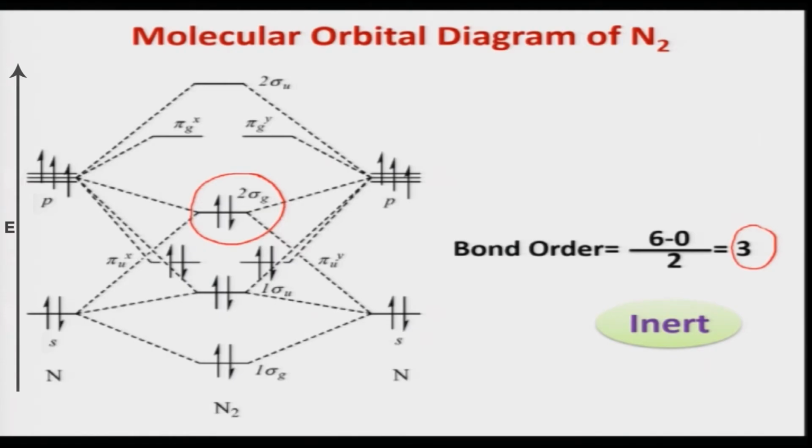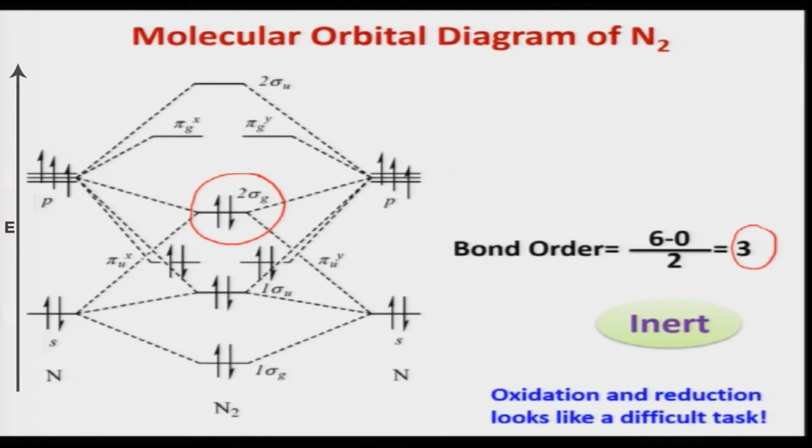The electron has to go to the pi star anti-bonding orbital, which is again difficult. So, removing an electron is difficult, adding an electron is also equally difficult. So, that means oxidation and reduction look like difficult tasks.